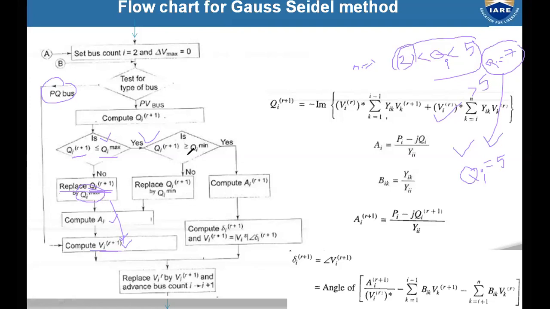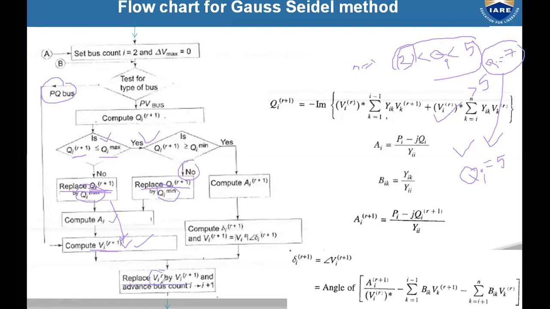So here also, if it is not within the limit, if QA R plus 1 is less than the minimum value, replace that QA R plus 1 with the minimum value. Then compute this AA and VI R plus 1. Like this you will get the voltages at the bus I, right? Now these voltages are replaced.